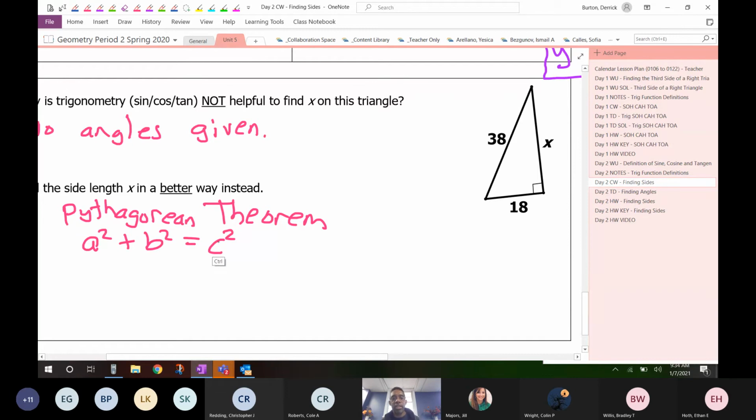And that's where we're going to say a squared plus b squared equals c squared. One more time, please remember the c squared has to be the hypotenuse, which in this case is the 38. So the 38 goes by itself. So we might have x squared plus 18 squared is equal to 38 squared, like that.